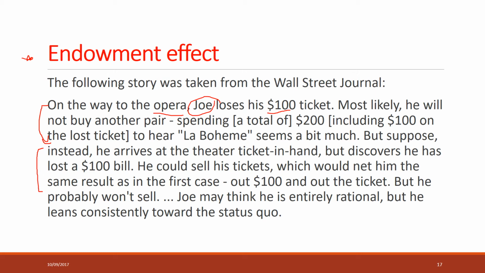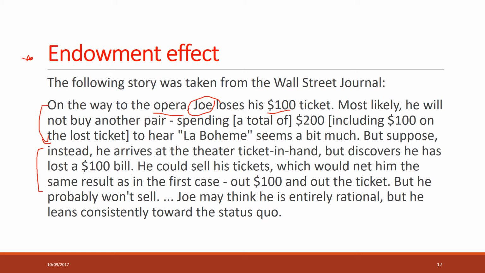We drop it somewhere on the way. Most likely in the second situation, we will still go and watch the opera anyway. So in total, to watch this opera, we are losing $200.